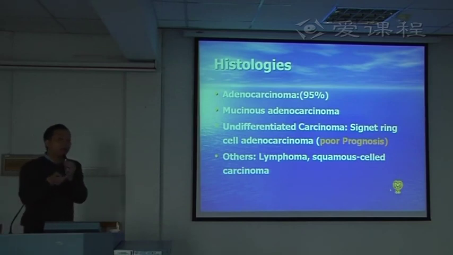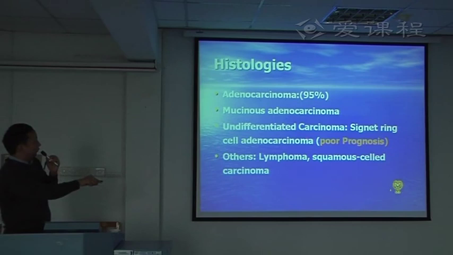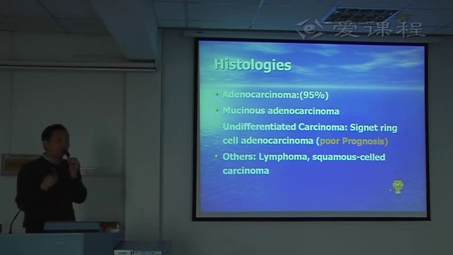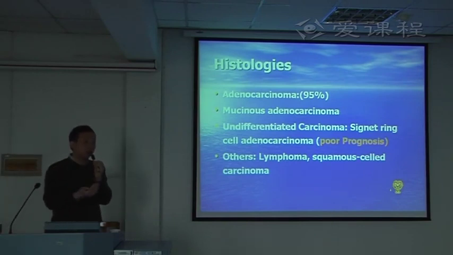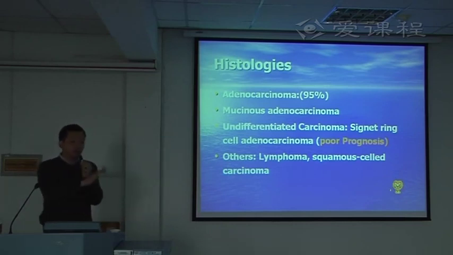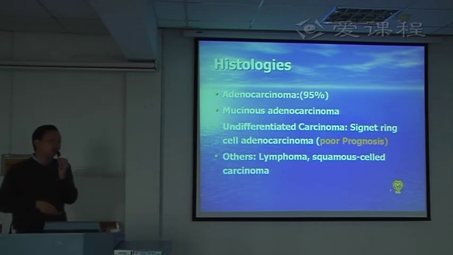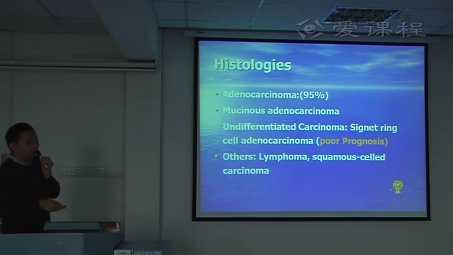In stomach carcinoma we also have signet ring, but in this case also signet ring cell carcinoma, poor prognosis. I have several patients who, after they received the operation, within only 1 year had recurrence, metastasis, then died. A very poor prognosis for these undifferentiated carcinomas.